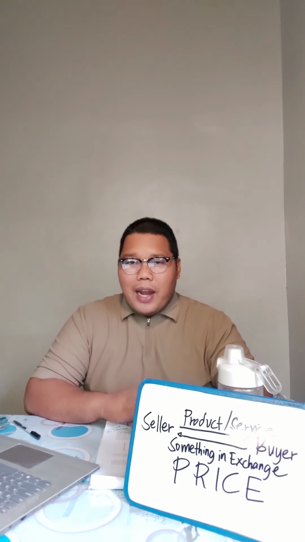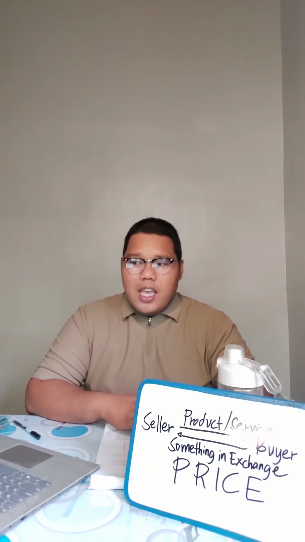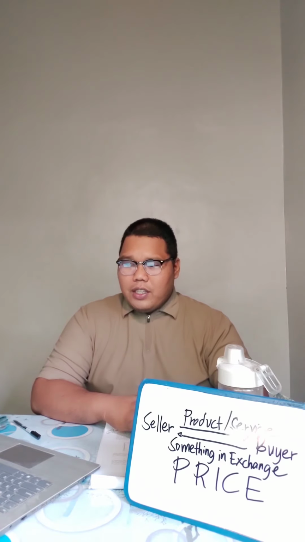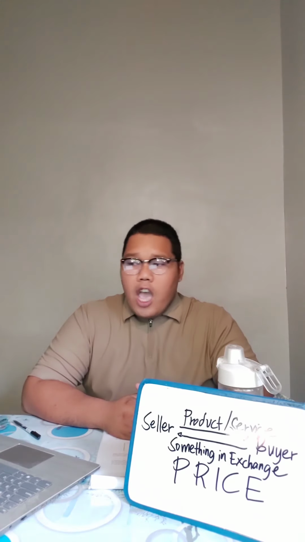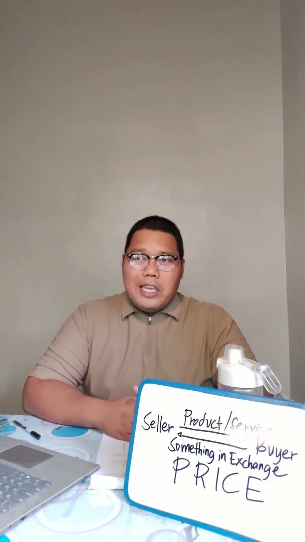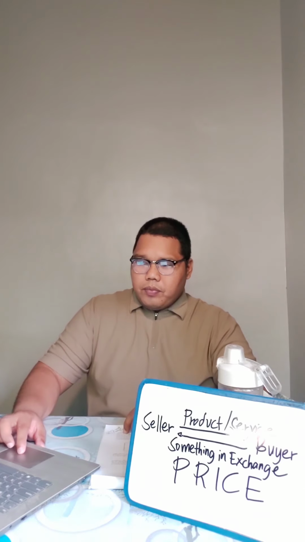And of course, price is the something in exchange. So this is where a seller provides a product to a buyer in return for something in exchange, usually an amount of money, or simply put, the price.